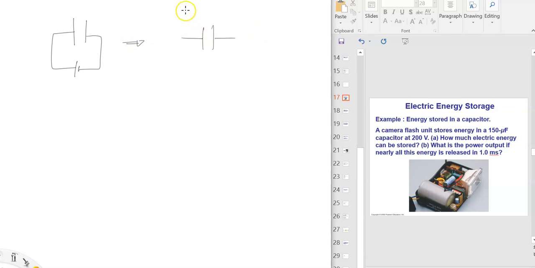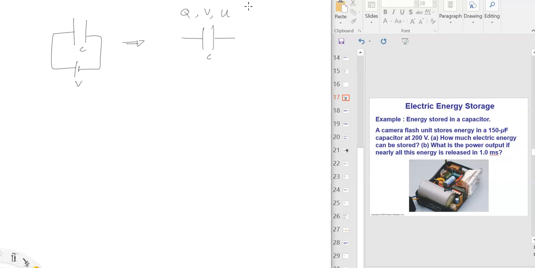So the capacitor is charged, it has some charge Q, the capacitance is C, the voltage across the plates is V, and it has some energy also stored in it. Let's say that is U. Now you have this isolated charged capacitor, a parallel plate capacitor.